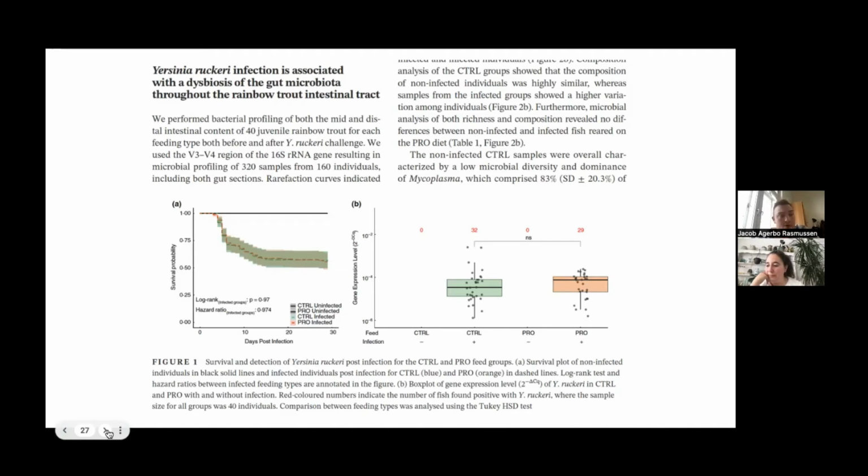So a land-based unit. I don't know if that's common, but I would think it is fairly common, especially because it's normally done on small juvenile individuals.